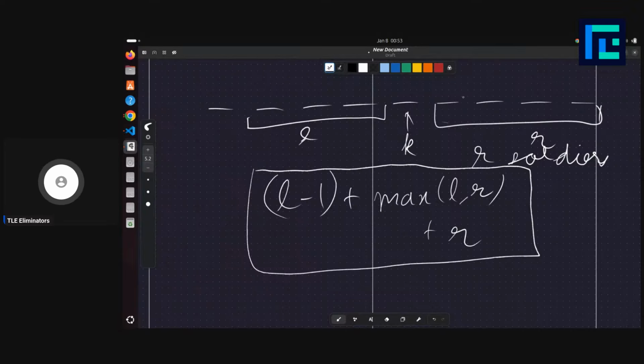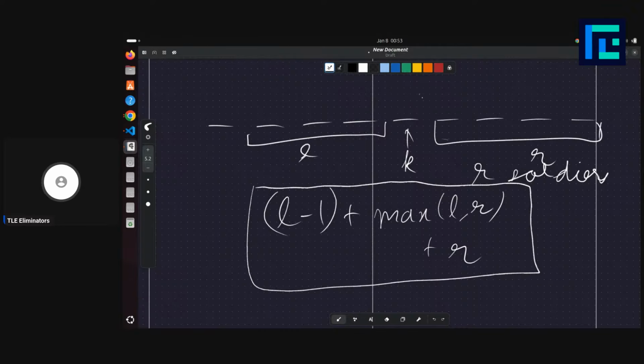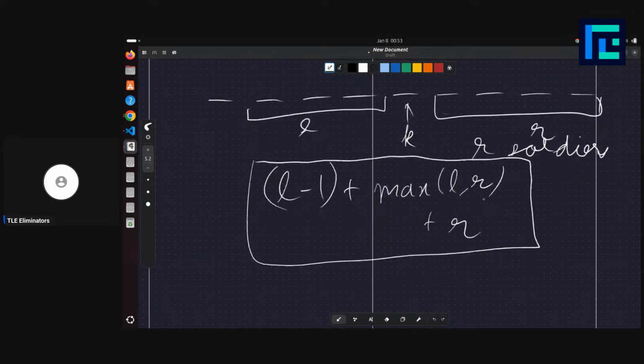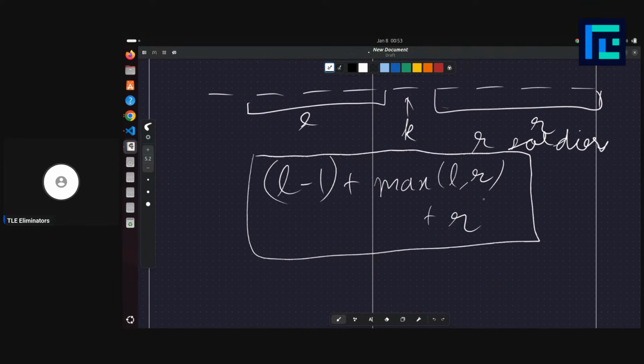And also this middle one will automatically be occupied when you do the last move here. So one more soldier would get cooked here. So we don't need to worry about this. It would be occupied only. So this is the answer. This is the minimum amount of time required if you want to populate this L and R respectively.